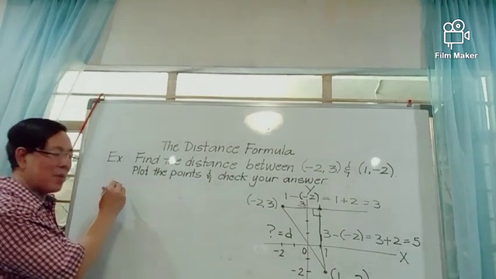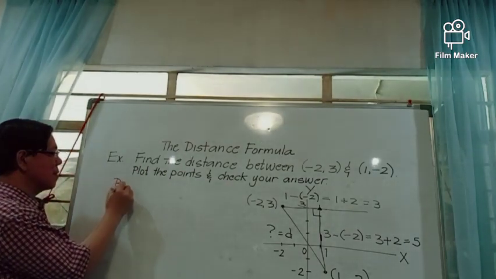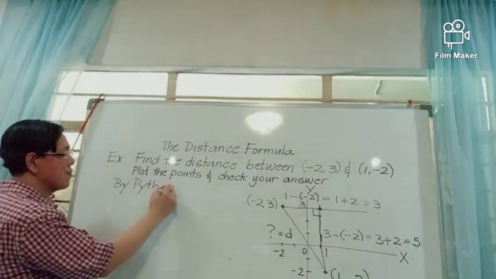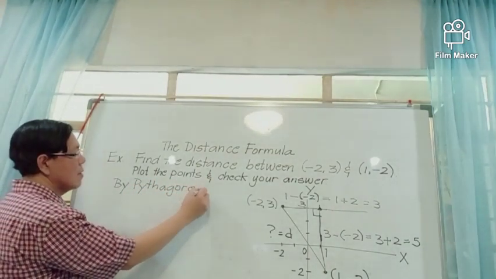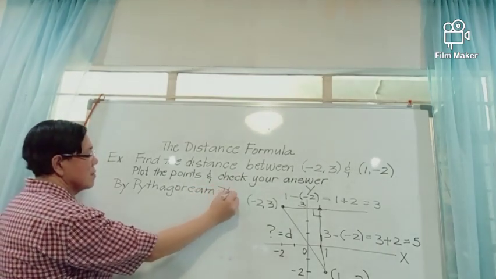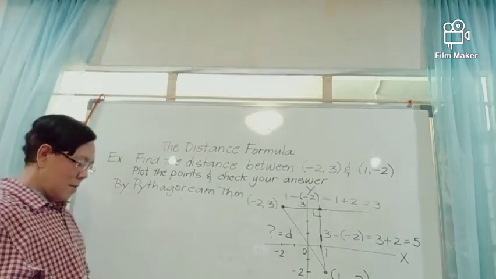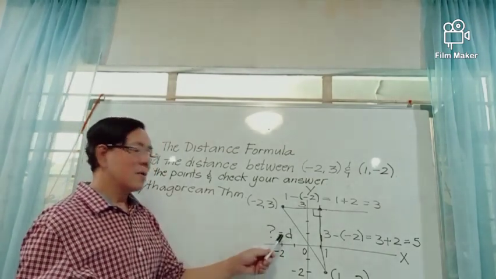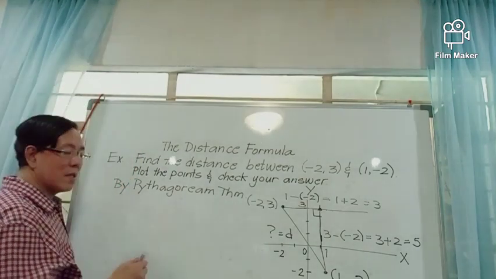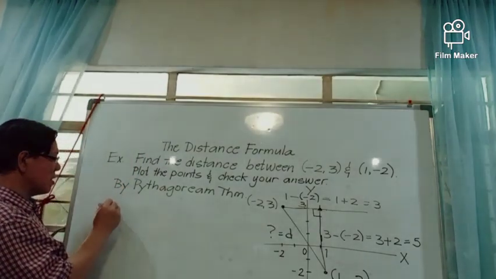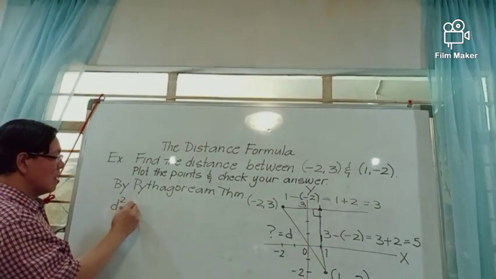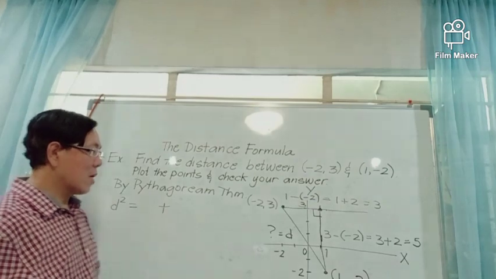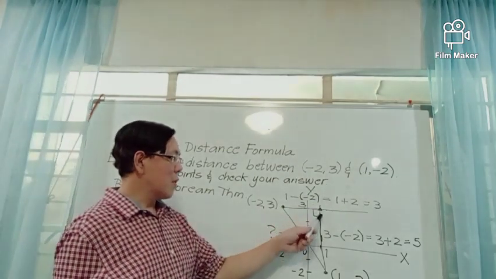We write by Pythagorean theorem, the square of the hypotenuse D, we write D squared, is equal to the sum of the squares of the 2 other sides.